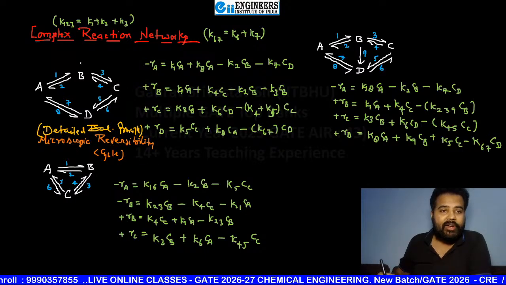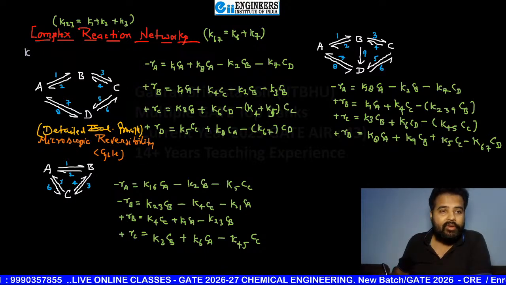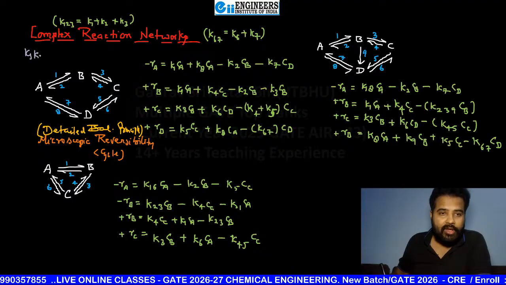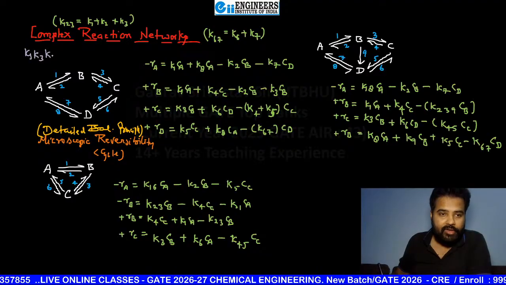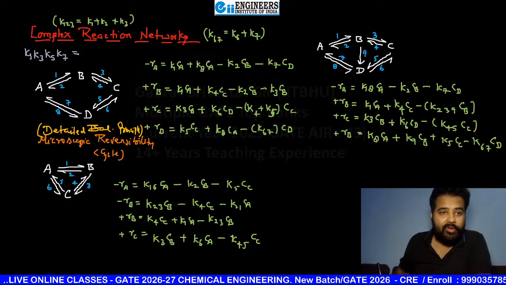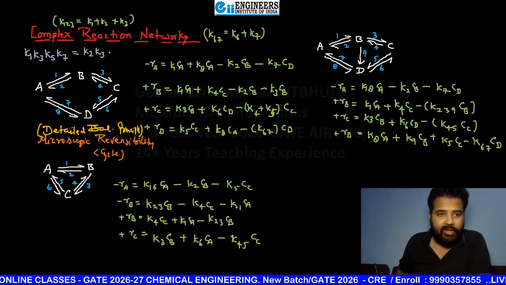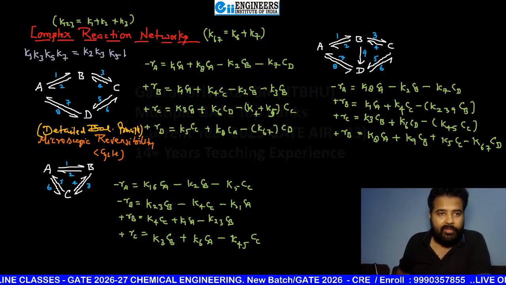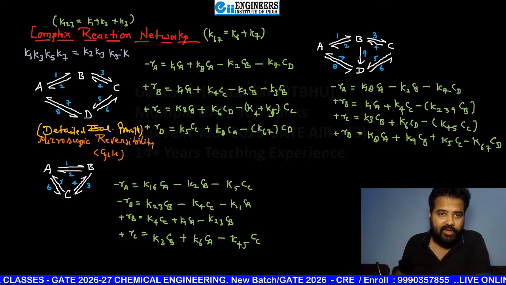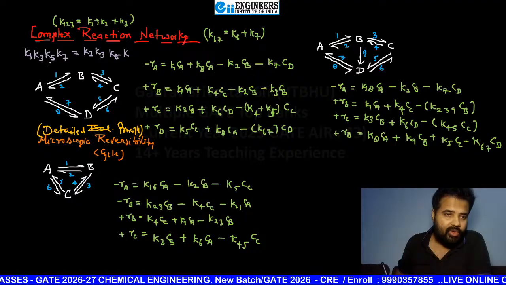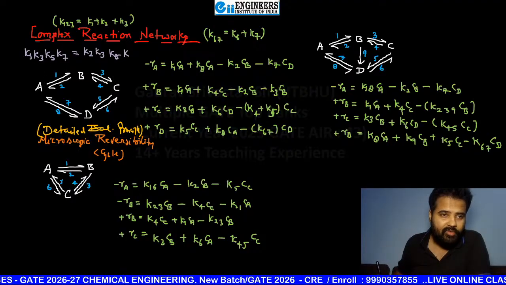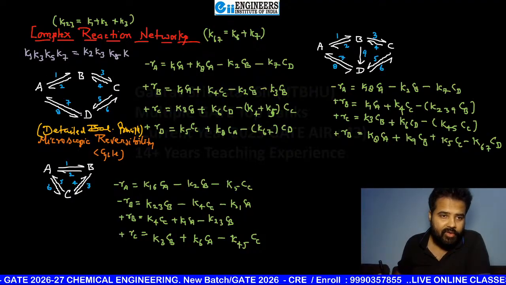So here my dear students, K1 forward, K3 forward, K5 forward, and backward K2, K4, K6. K1 forward, 3 forward, 5 forward, 7 forward.